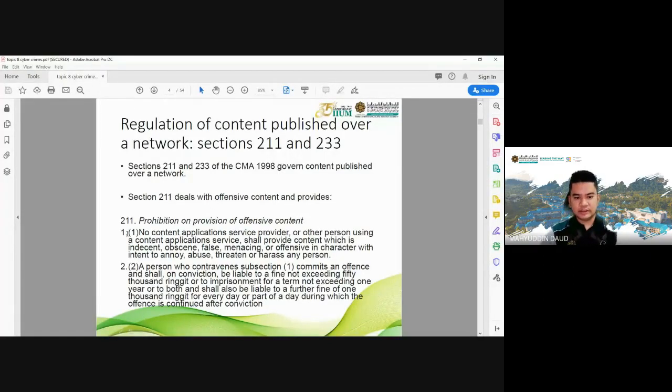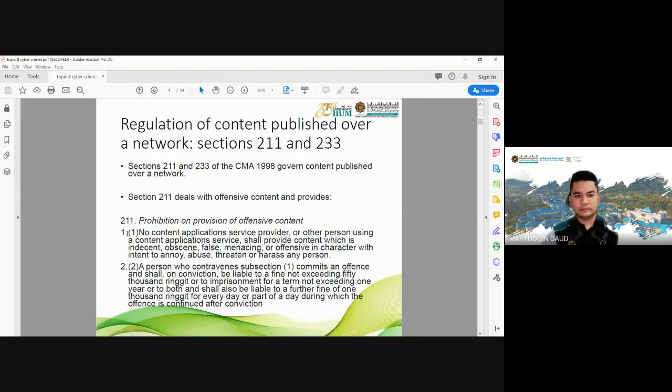You will see that the provision is broad enough to cover so many areas. It can cover indecent content, obscene content, false content, menacing, offensive content. Under offensive, if you compare with the content code, the meaning of offensive can cover so many kinds of prohibited content.